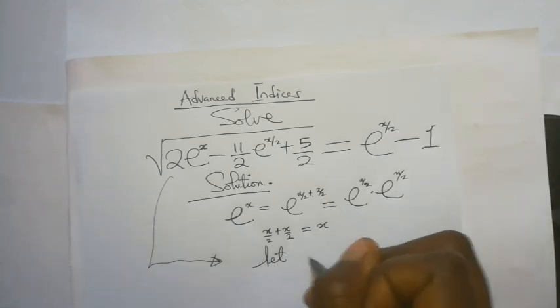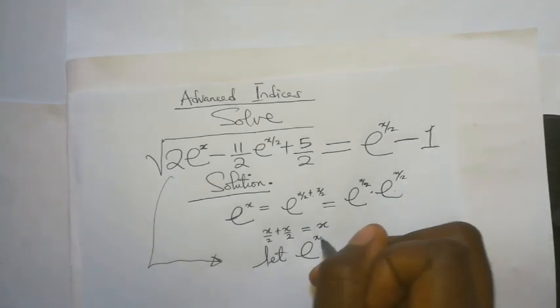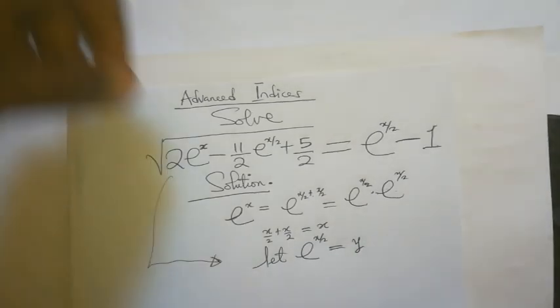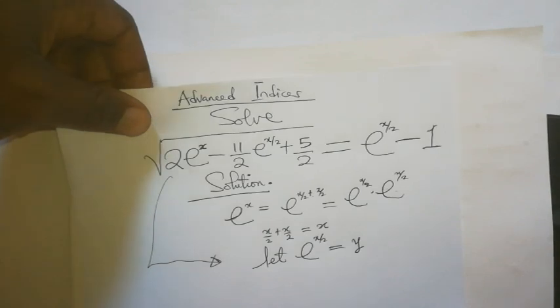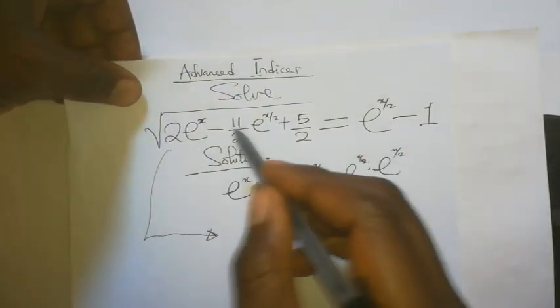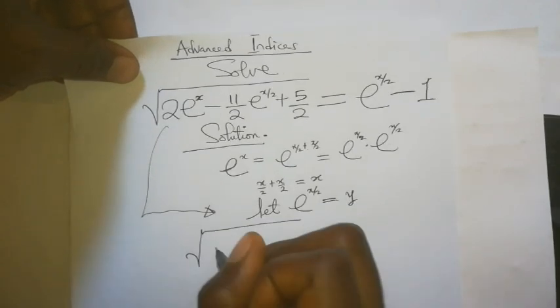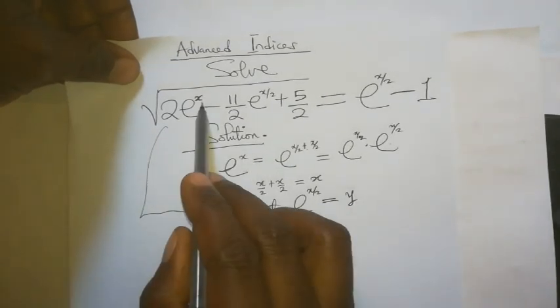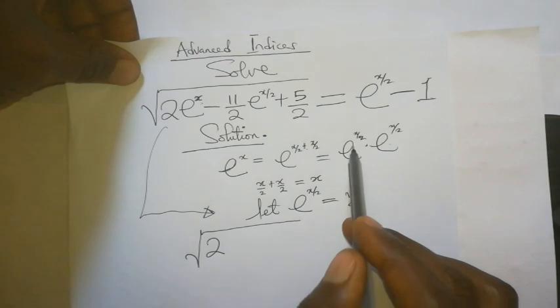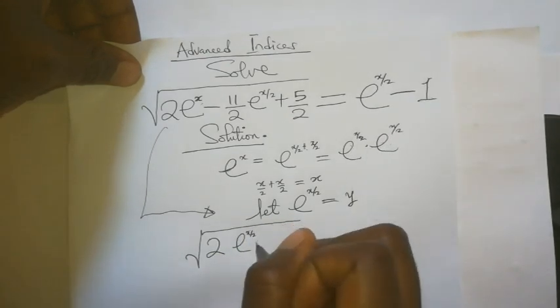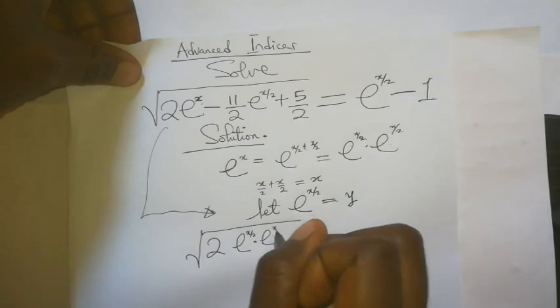So from here, if we are going to solve, let e to the power of x over 2 be equal to y. You get it? If we let it be equal to y, then we substitute in the main equation. So we have square root of 2, and e to the power of x becomes e to the power of x over 2 dot e to the power of x over 2.